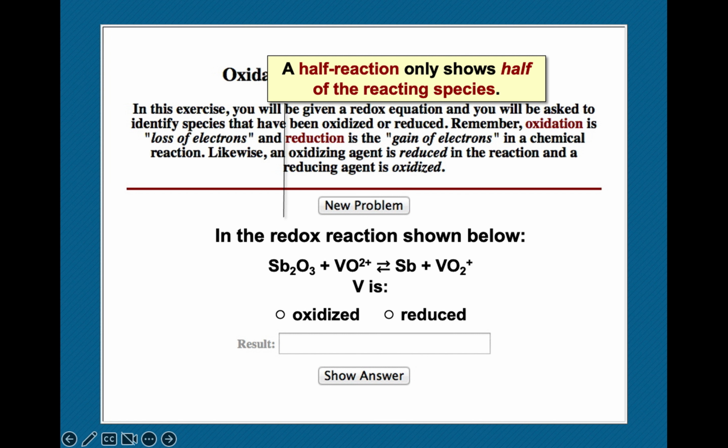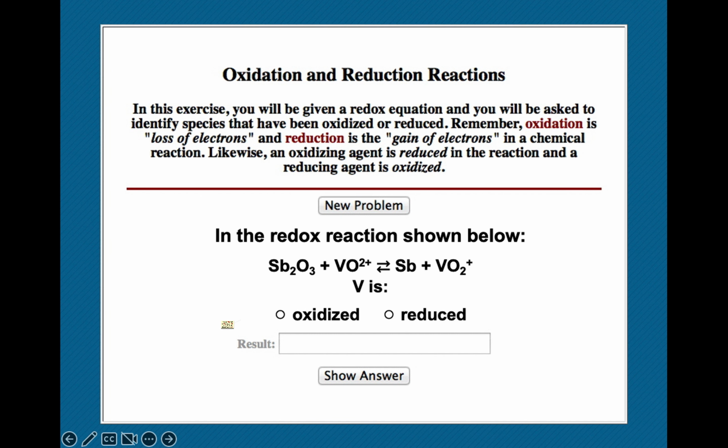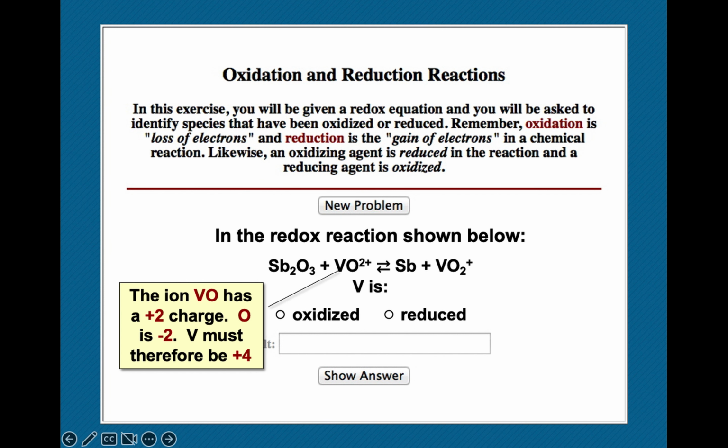Well, let's take this guy apart. Our oxygen in VO is going to be -2, isn't it? So that means the charge on the vanadium must be +4. +4, -2, 2 positives left over.